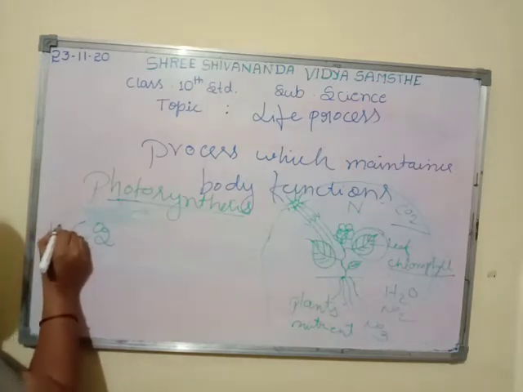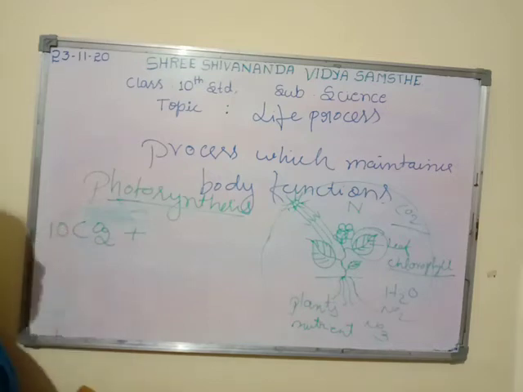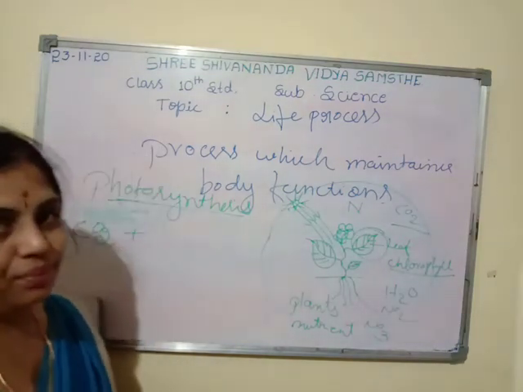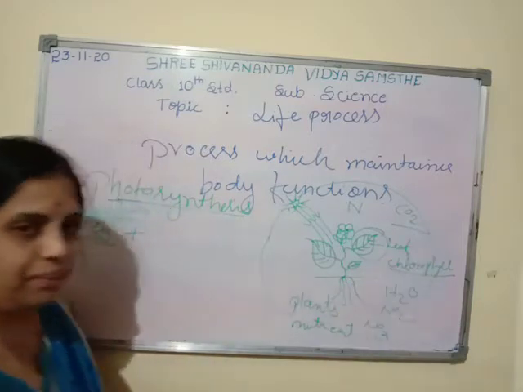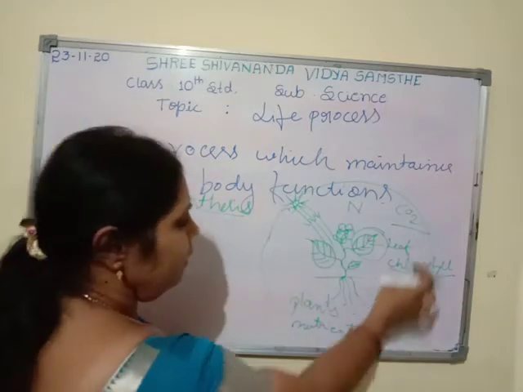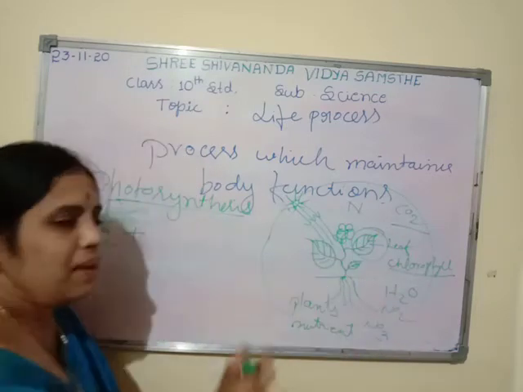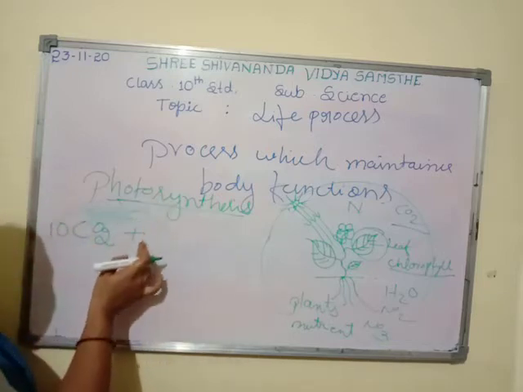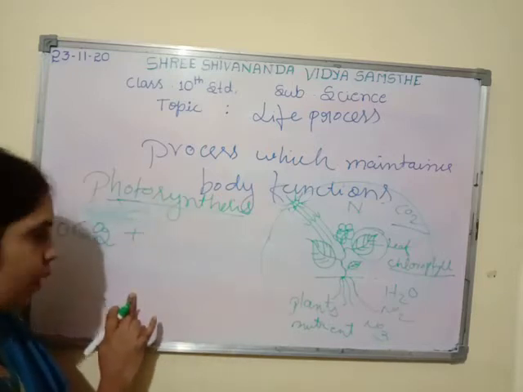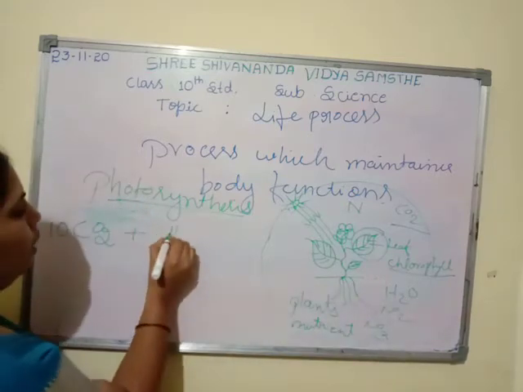Here the number is the number of molecules. This process is represented by the equation known as the photosynthesis equation. Carbon dioxide plus water.